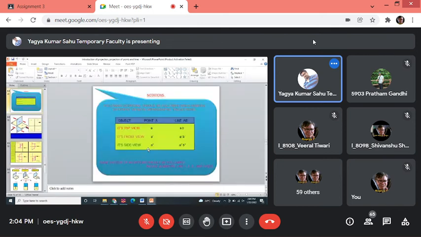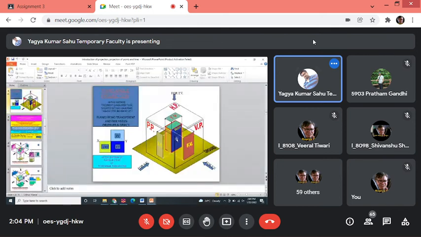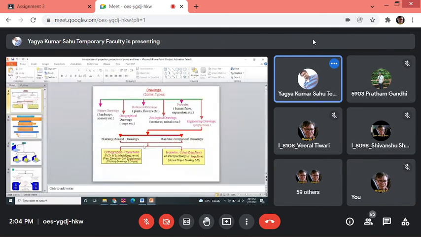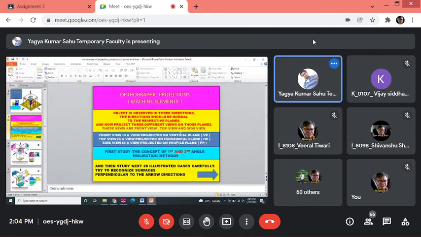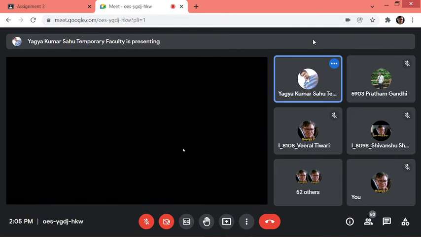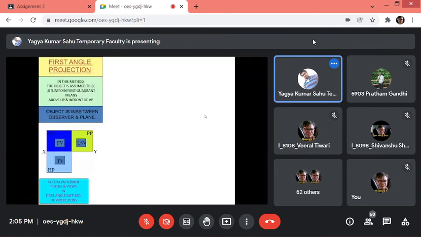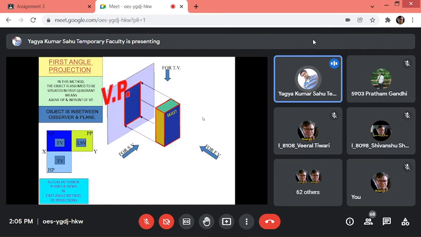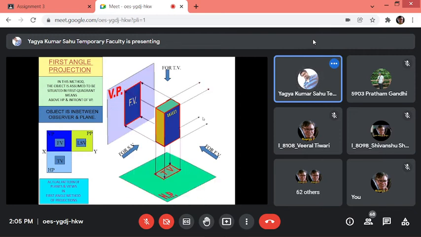Okay, showing the picture. Suppose like this, there is a point. Consider a point within these three planes.